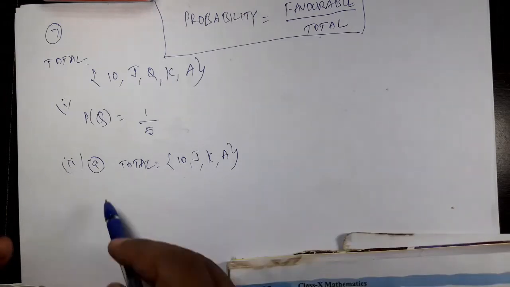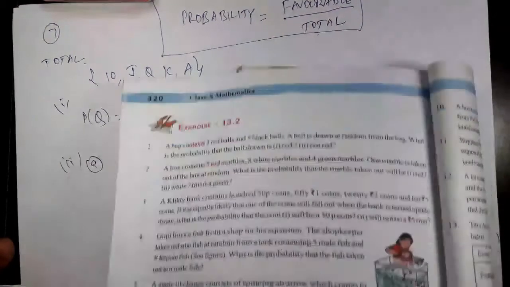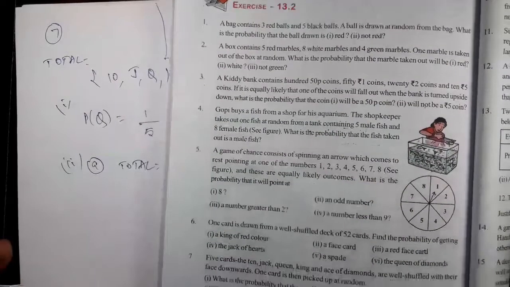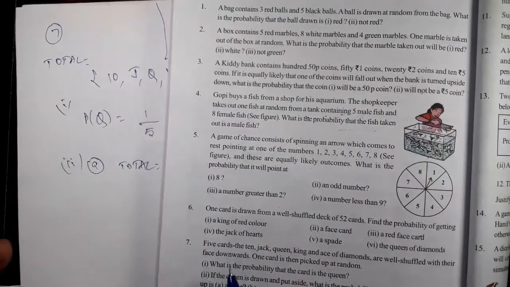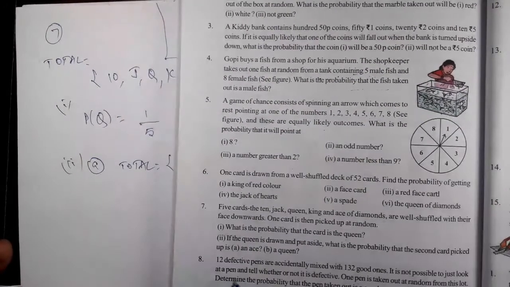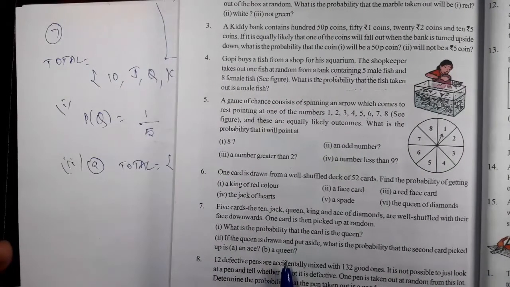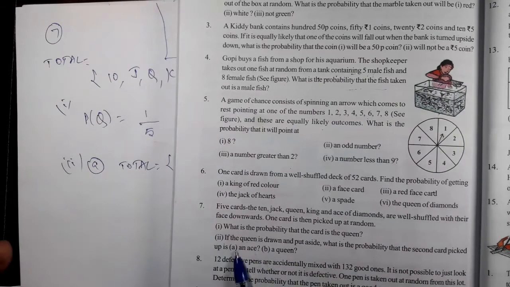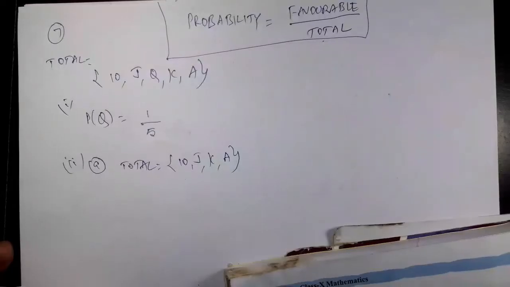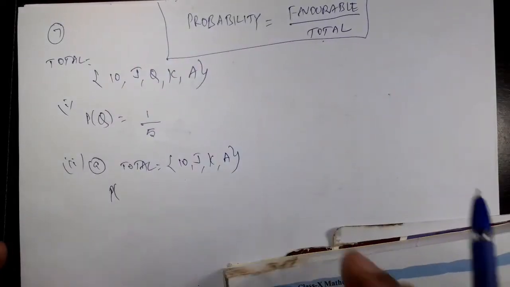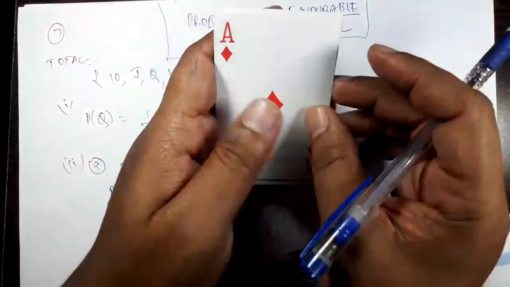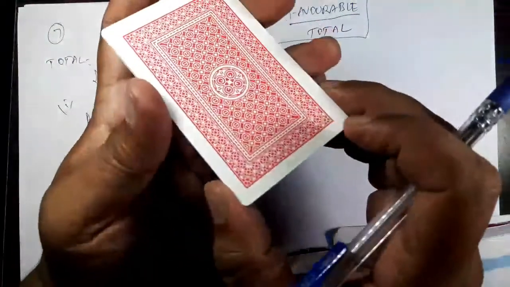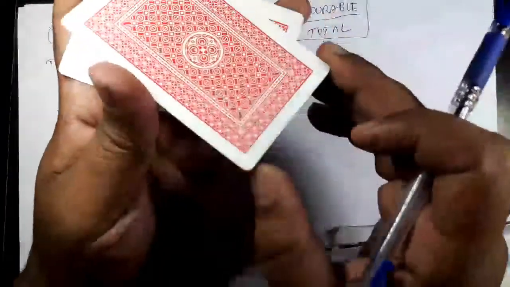Now coming to this ace card. What you are doing? Queen is drawn and put aside. What is the probability that the second card picked up is an ace? You have left that queen outside. Now 4 are remaining. You are shuffling these 4 cards, right?